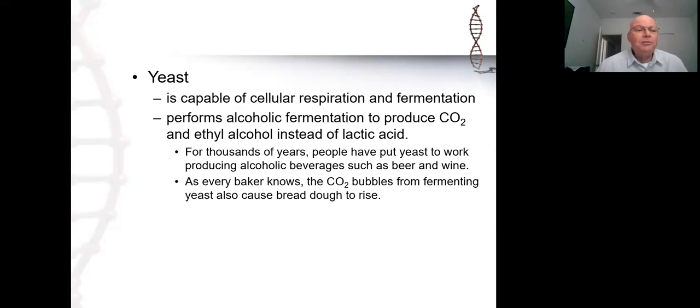And the same is true with making particularly wines. The reason why different wines in different locations have slightly different qualities is because they're relying on the natural yeasts that sit on the surface of the grapes to produce the alcohol through fermentation, and the different types of regional yeasts give different properties to the different types of wines.